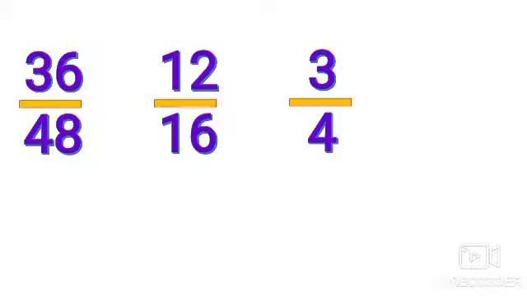So you will get the answer as 12. Tell me anyone, that is 3. So 12 upon 16. Similarly, when 12 upon 16 is divided by 4, you will get the answer 3 upon 4. So students, we will start to solve some sums.